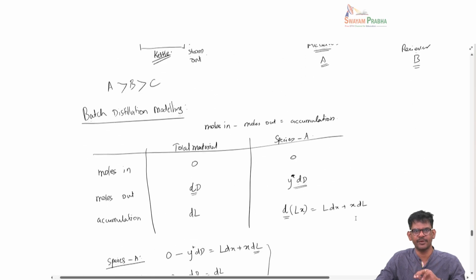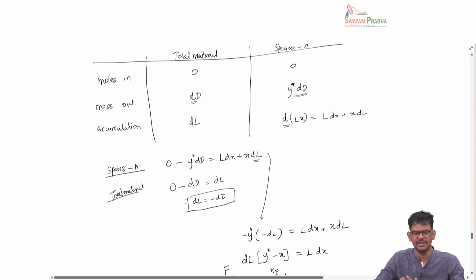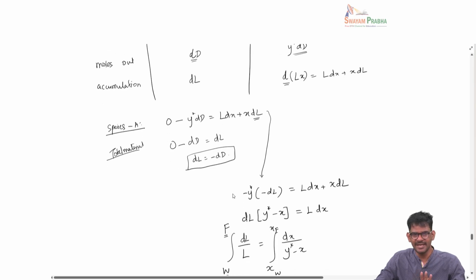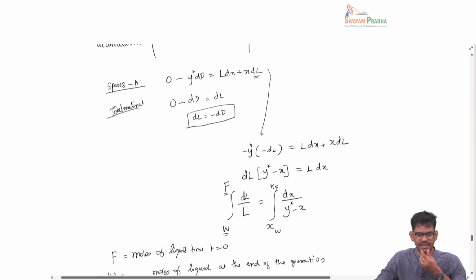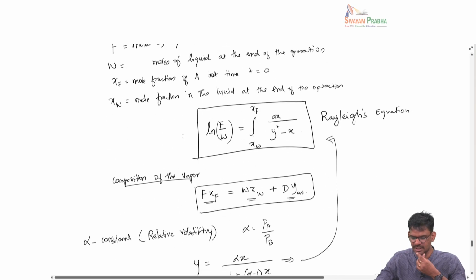So this is from an operation point of view, and we can set up a very simple mass balance or mole balance approach, and then you can relate the quantities that are involved, okay. So for example, we established Rayleigh's equation that tells the relationship between the amount of liquid left over after the operation to the initial feed, and then to the composition of the initial and the final liquids.